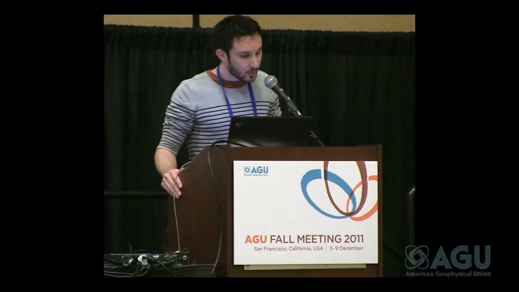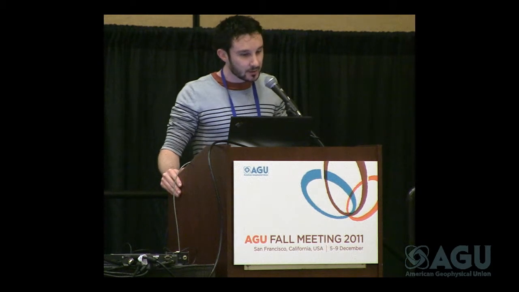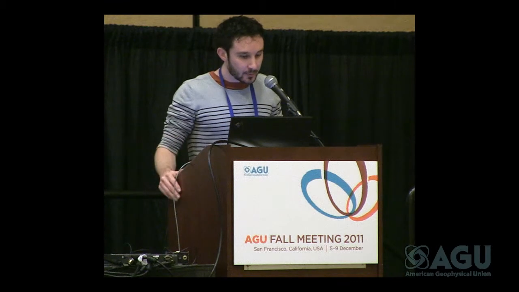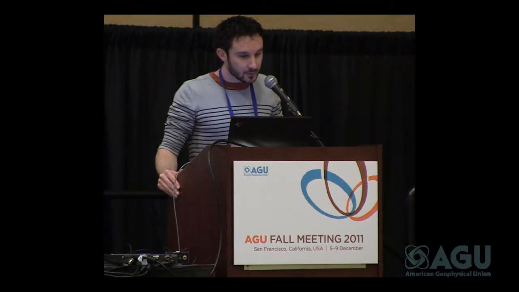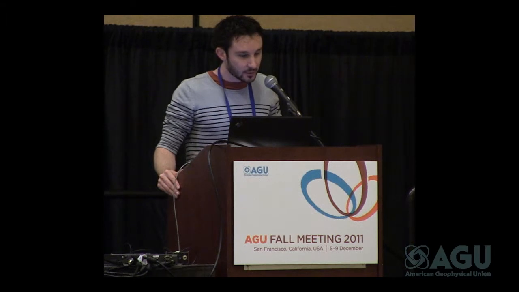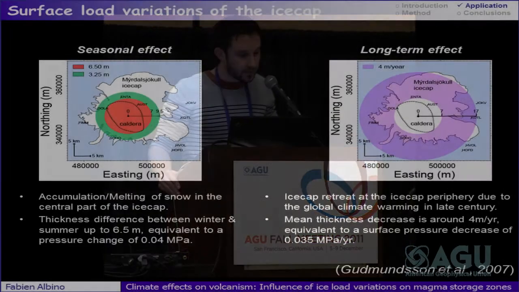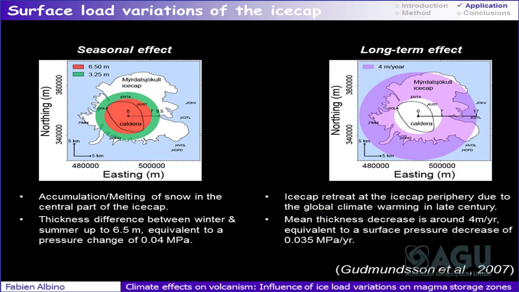And why this volcano in particular? It's because we have very strong surface change for the Mýrdalsjökull ice cap. We have 2 different types of surface change according to the time scale. First, we have a seasonal effect with accumulation and melting of snow during 1 year.